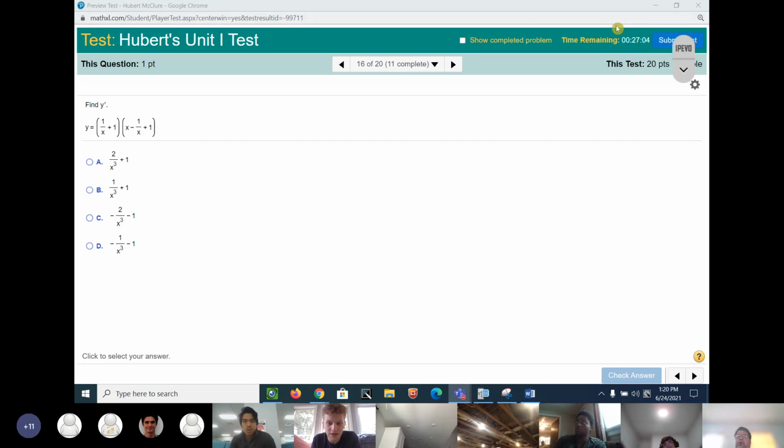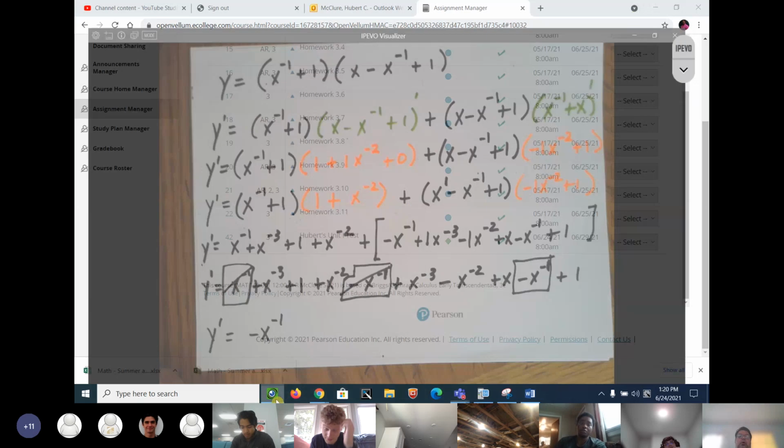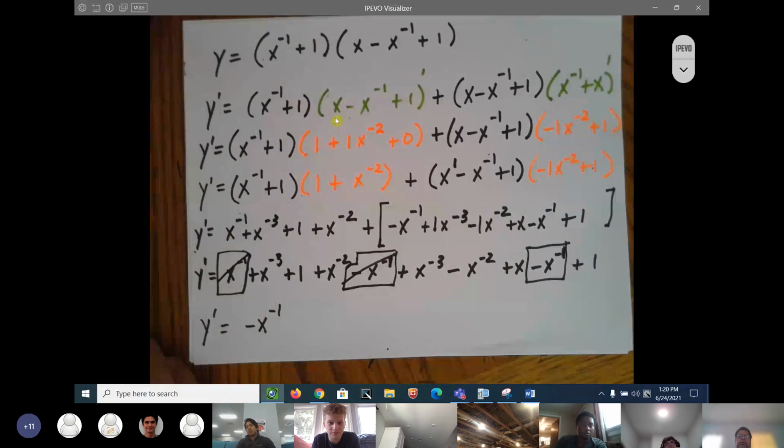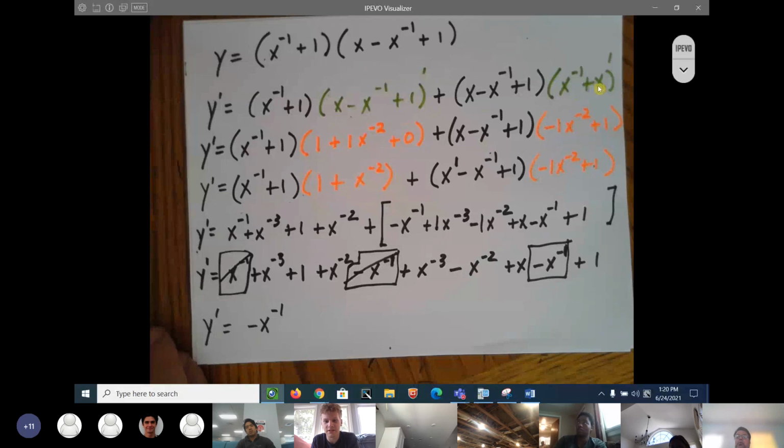Okay, let me find where you're talking about. Are you talking about the second part in the green? Yeah, the second part in the green, that should be the derivative of x to the negative 1 plus 1, shouldn't it? Yeah.